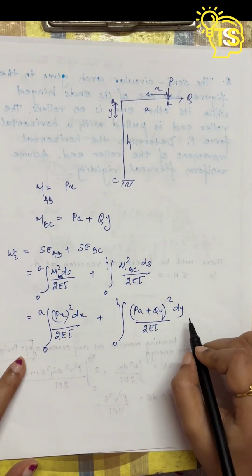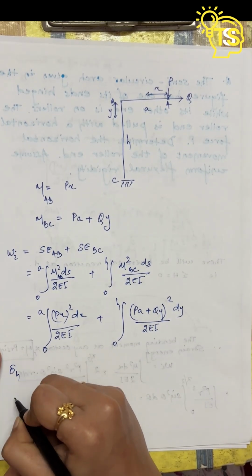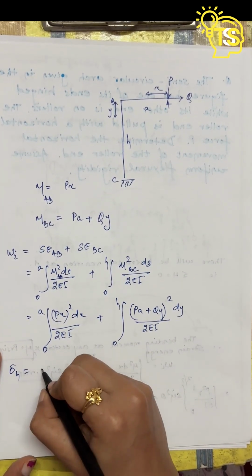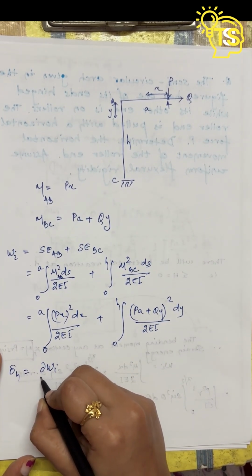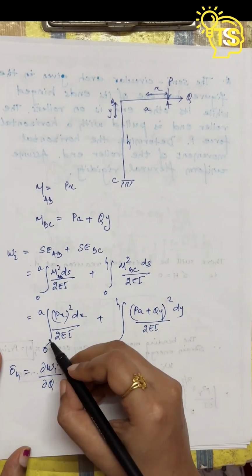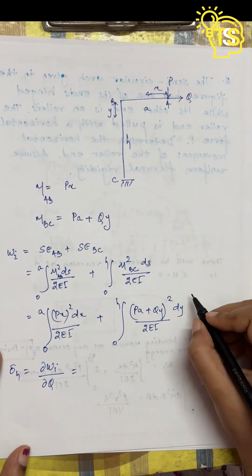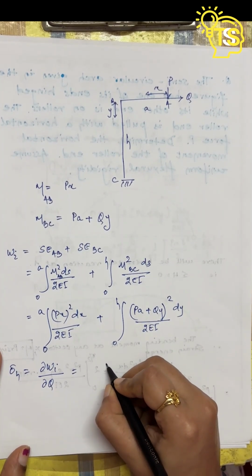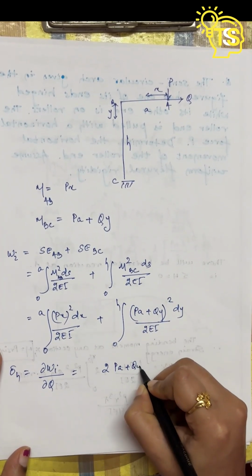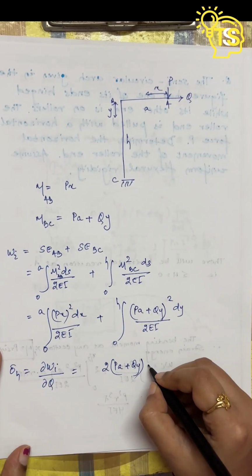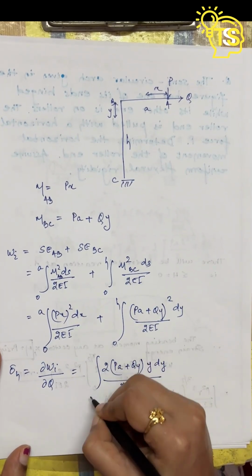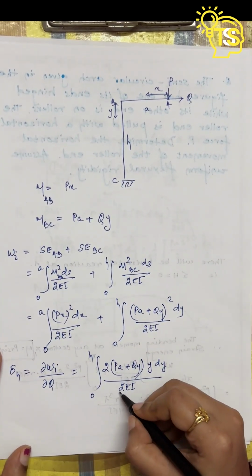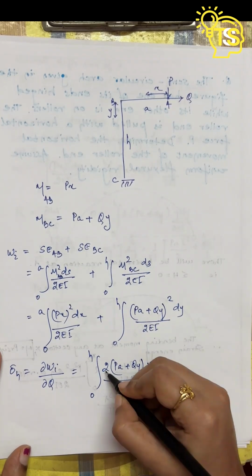We will keep it like this for easier calculation of horizontal deflection. Now let's calculate the horizontal deflection. The formula of deflection is the partial derivative of strain energy, that is del U upon del Q. Now this term will be 0, and by differentiating and integrating it we get 2 into Pa plus Qy whole into y dy upon 2EI, from 0 to h. 2 got cancelled.